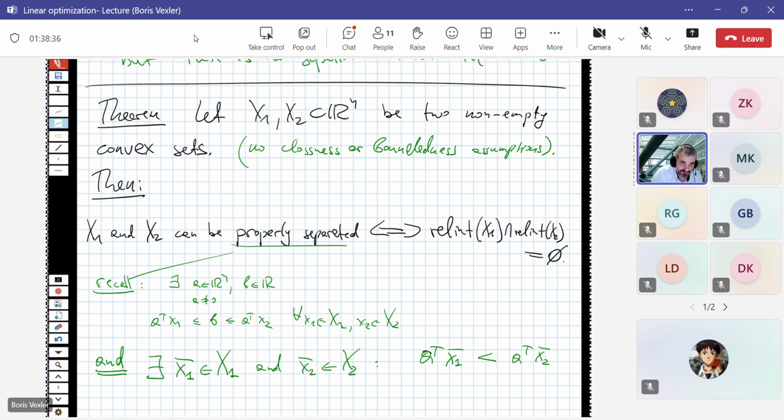Which also means that A transpose times (x1 bar minus x2 bar) is strictly less than 0.